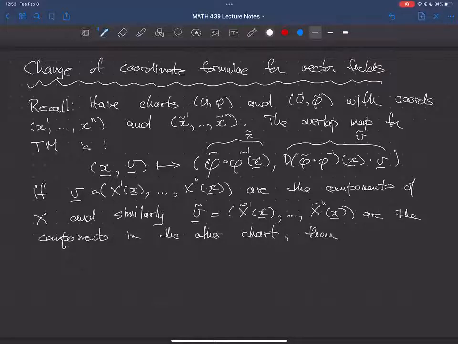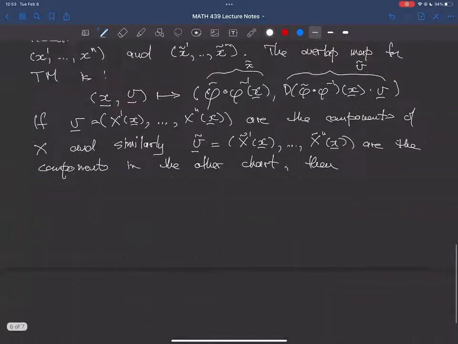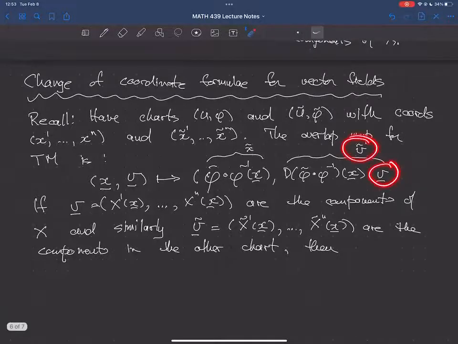The way this formula reads is that v tilde is the Jacobian times v. I'm going to write that using linear algebra and the summation convention, representing the linear map which maps v into v tilde, with the corresponding linear map being the Jacobian.